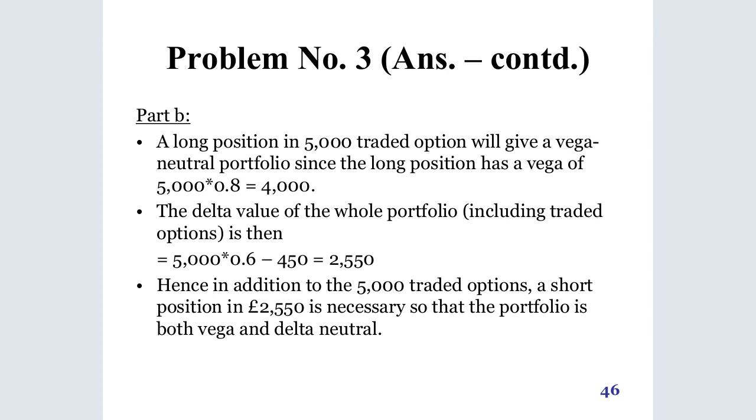The whole portfolio, including the traded options, becomes 5000 into 0.6 minus the original 450, so that becomes 2550. So in addition to 5000 traded options, I would need a short position in 2550 sterling to ensure that the portfolio is both Vega and delta neutral. That is how I would be able to calculate this.